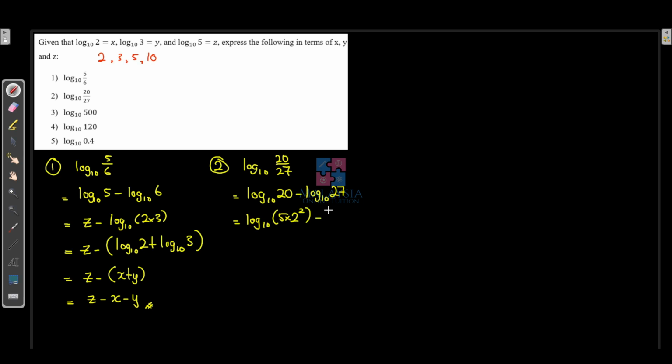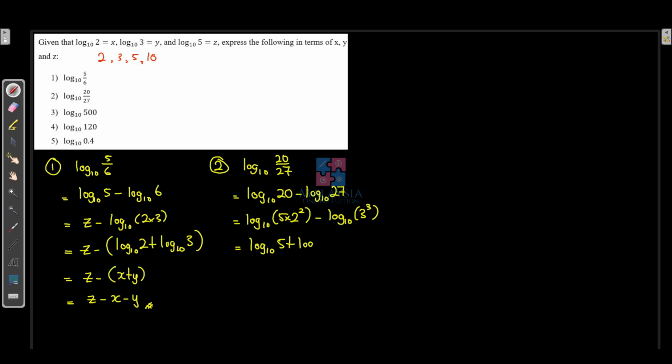And then minus, for 27, you should be able to change this into one of these to the power of something, and that is going to be 3 cubed. Now for the first one, log base 10 of 5 plus 2, no, don't write the 2 yet.